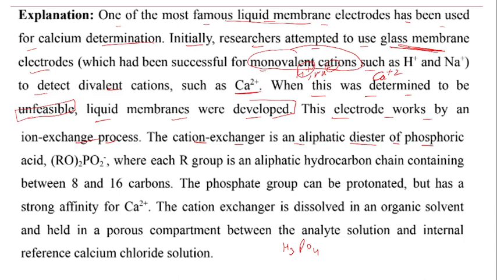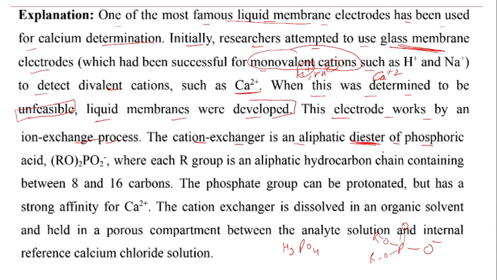Diester means two ester groups are attached here. Two groups will be attached like that. So this is the structure of this cation, which means one negative charge will be there, with a total of 4 oxygens and 2 groups like that.